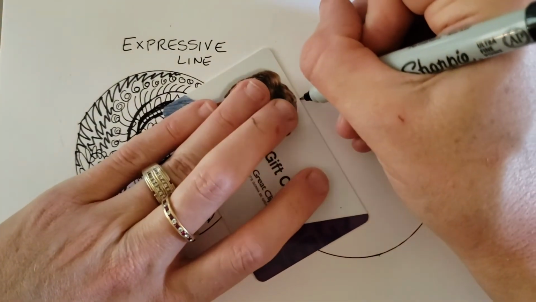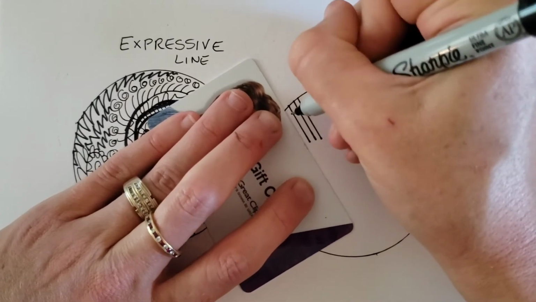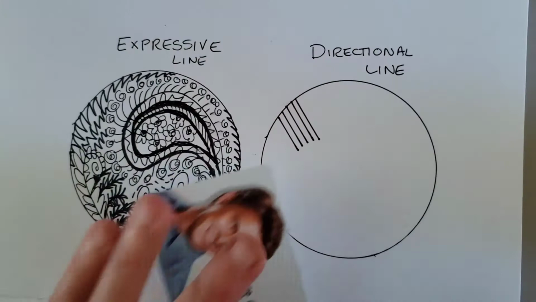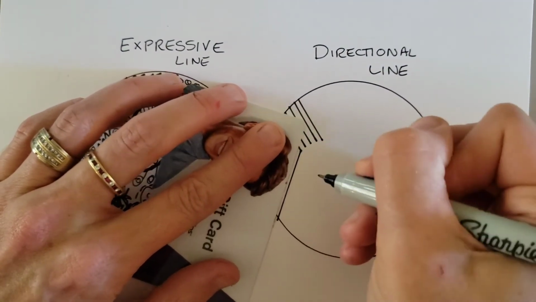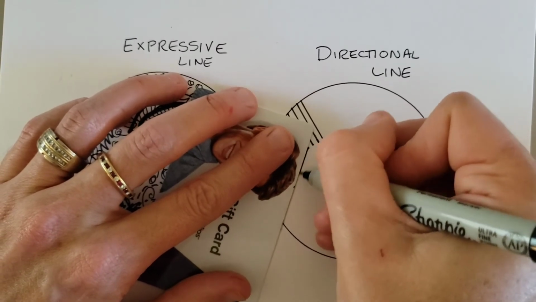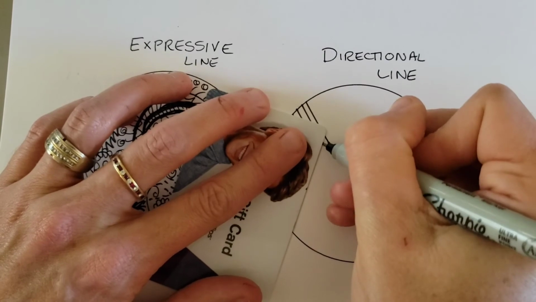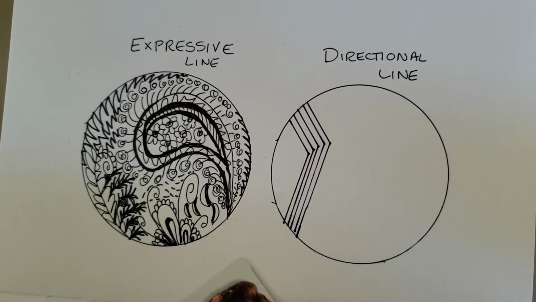And you're going to start by creating a series of straight lines in any one direction. Make several. And then you are going to switch the direction of your directional lines of that series of lines. So I've got those.